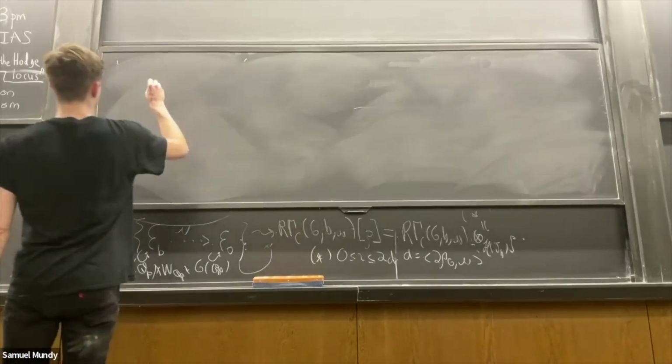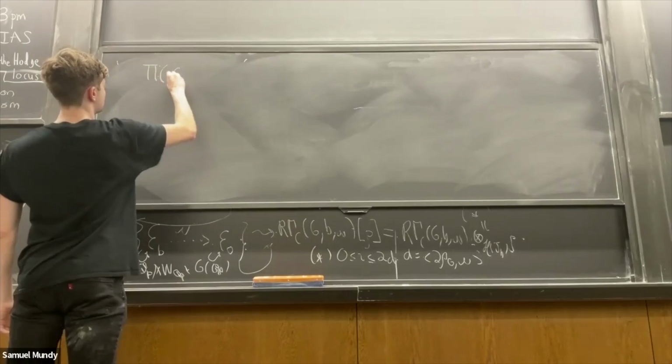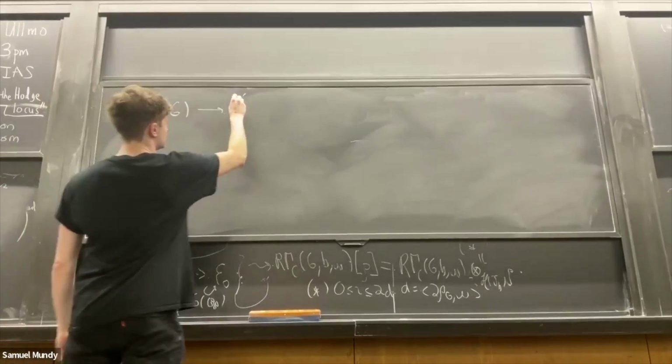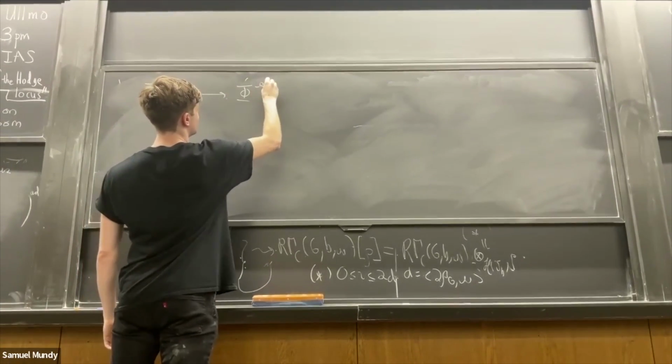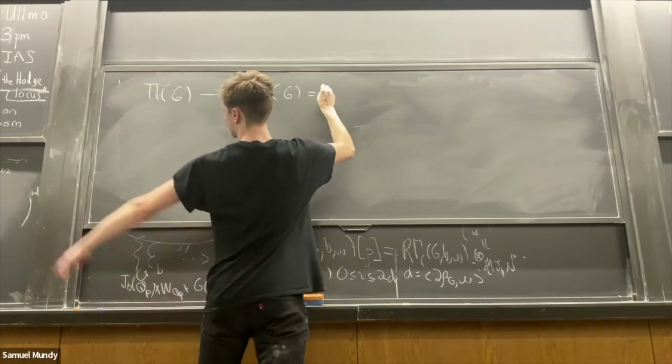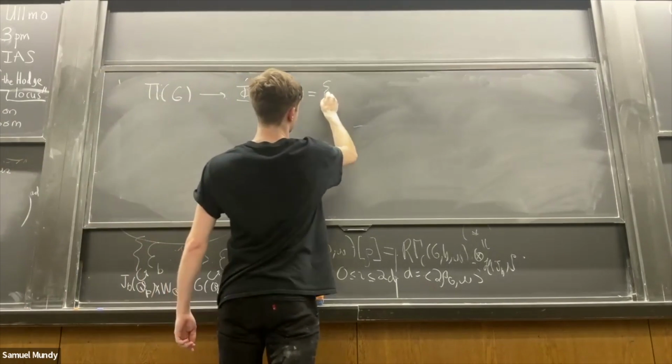But very recently, we know that we always have a map from pi g to the set of semi-simple parameters. Again, that's like the semi-simplification.